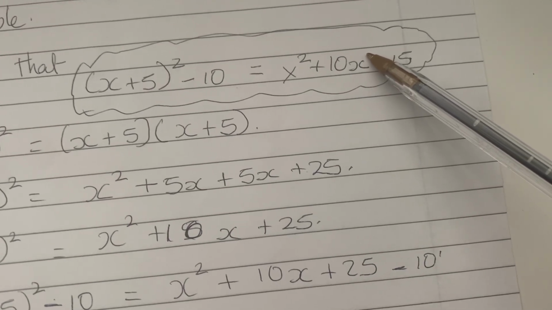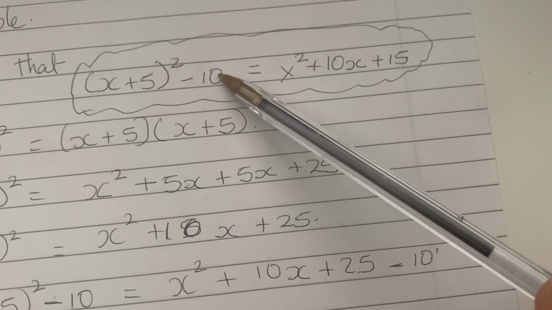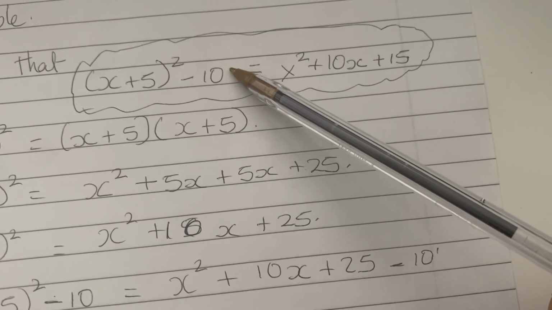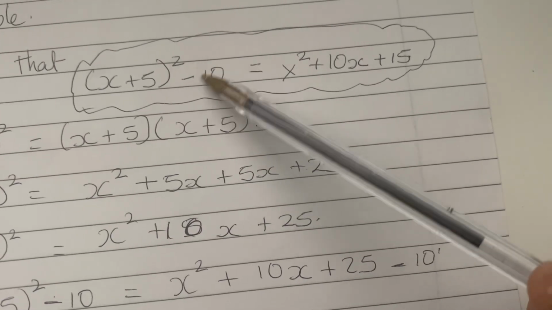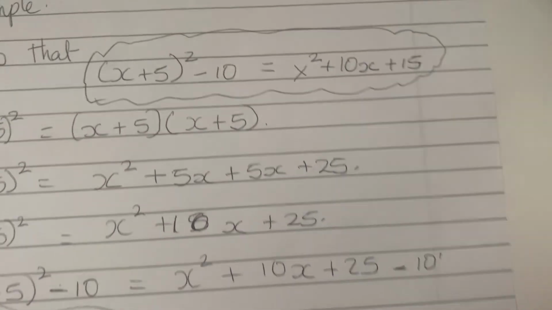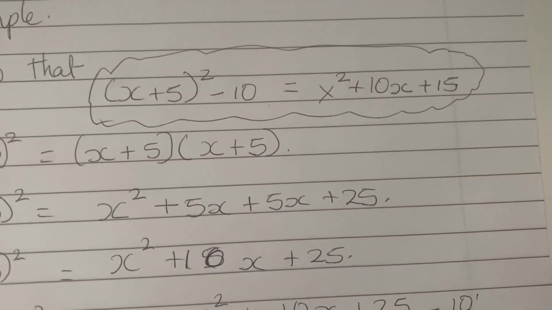Here again, if you look at it carefully, if it was 9, that would be 3 squared. But if you square root this, you are not going to get a whole number, so it's not really a perfect square. But we are asked to show.